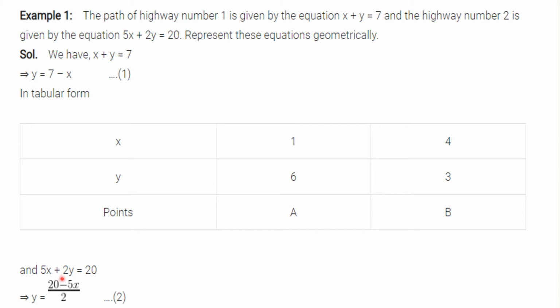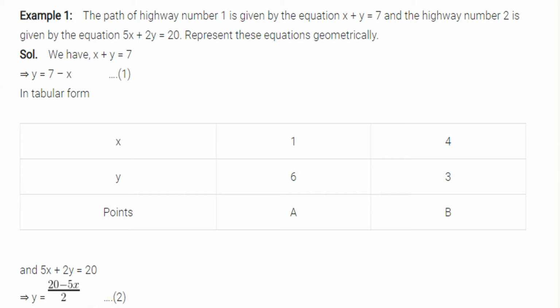Now I take equation number 2, 5x plus 2y equals 20, which is a linear equation in two variables. On solving we get y equals (20 minus 5x) upon 2, and we consider it as equation number 2.